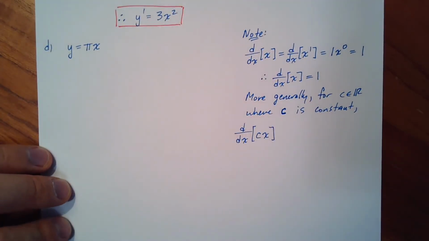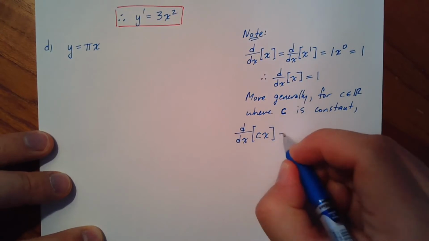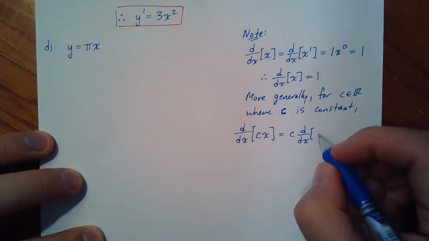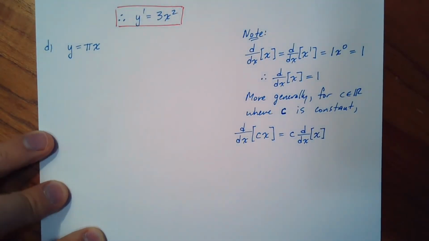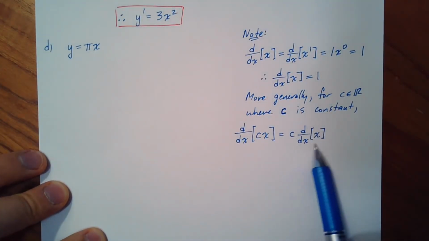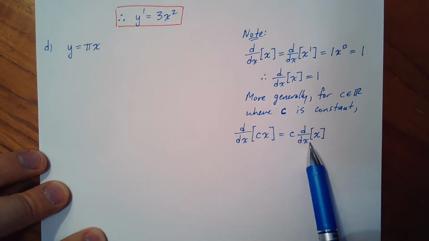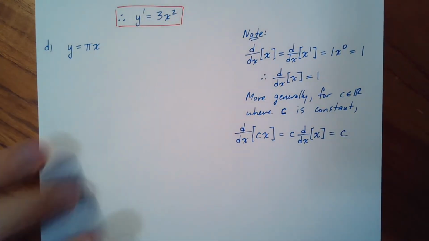Well, if I was trying to evaluate something like this, I might say, okay, constant multiples can be pulled out of derivatives. So I'd get c times the derivative with respect to x of just x. But we just worked this out, right? This is equal to 1. If this is equal to 1, then we're going to have c times 1, which is really just c.